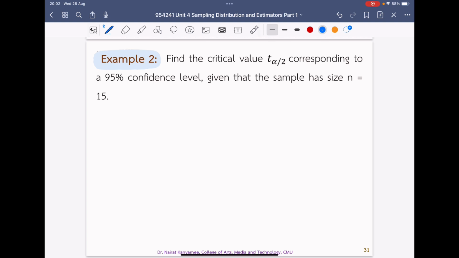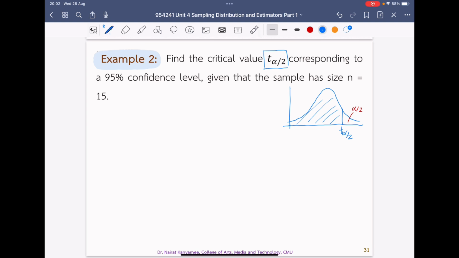We are looking for t alpha over 2 right here, so we need to find the area, degrees of freedom and so on. This is alpha over 2.